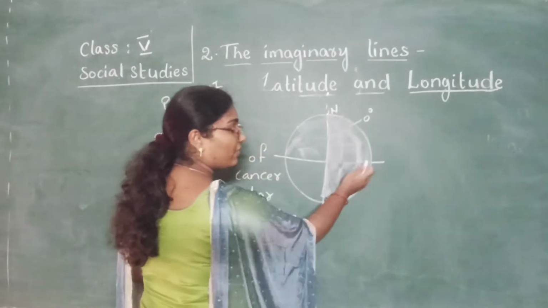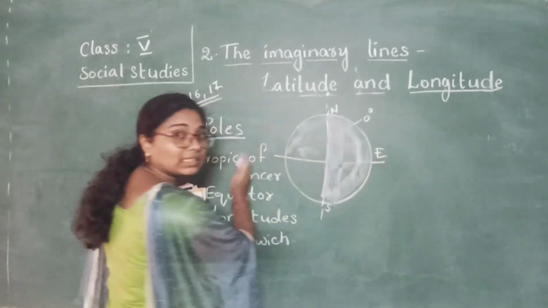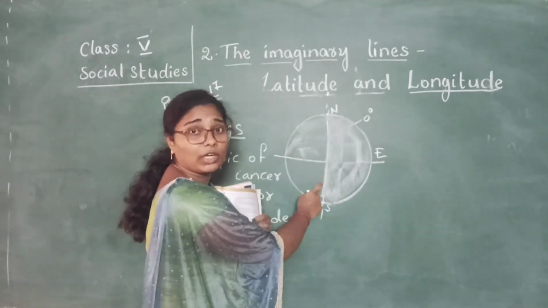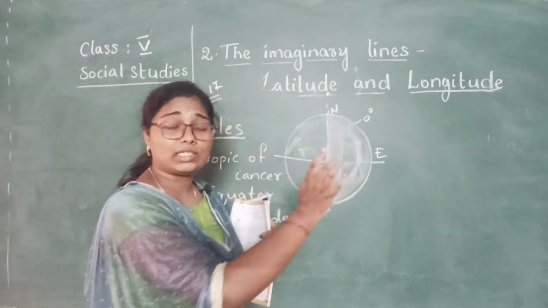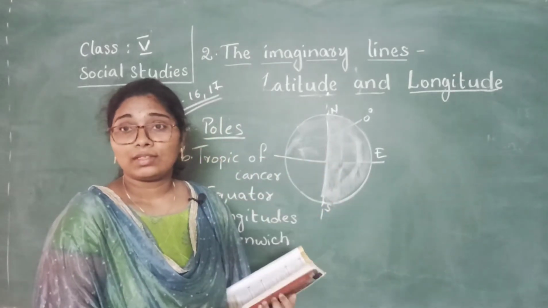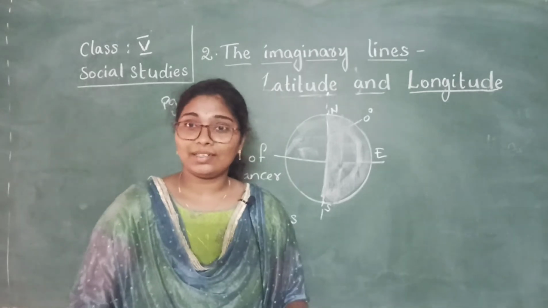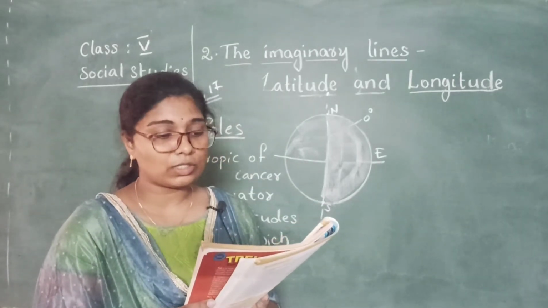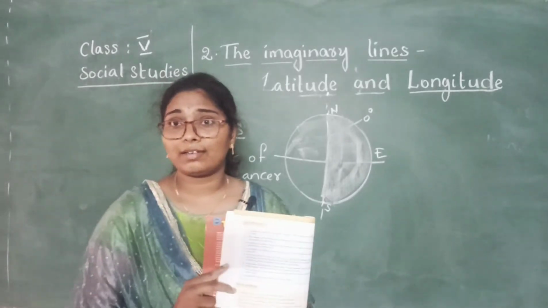This will be one half, that is eastern hemisphere, and this is the another half, that is western hemisphere. So what is this 0 degrees longitude that divides the earth into east and western hemisphere? Prime meridian. What is that? Prime meridian.